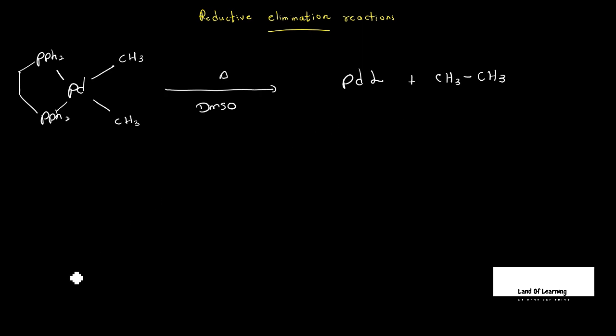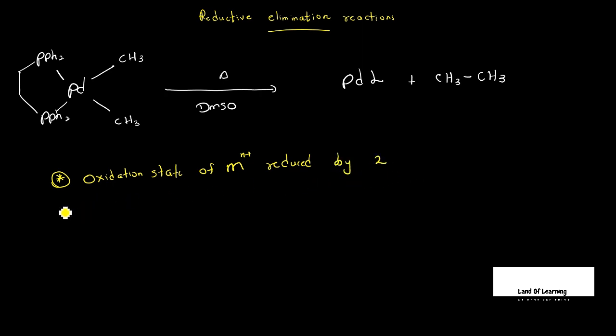There are a few important details which you have to have a good idea about. The first thing is, if you remember, in oxidative addition the oxidation state always increases by 2, but in this case the oxidation state of our metal center, we are talking about the metal center, is reduced by 2.